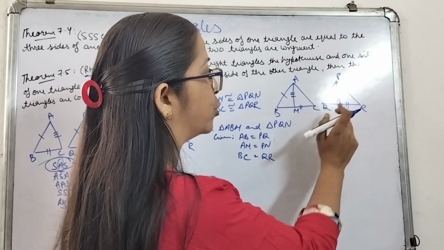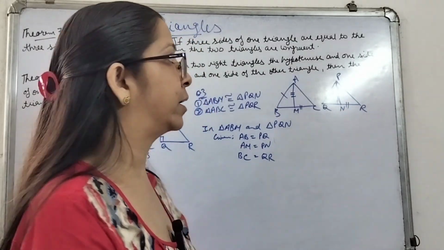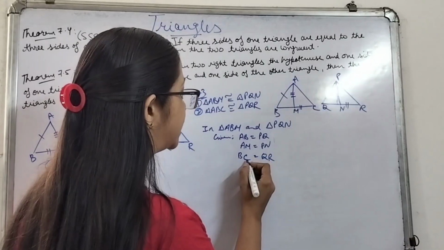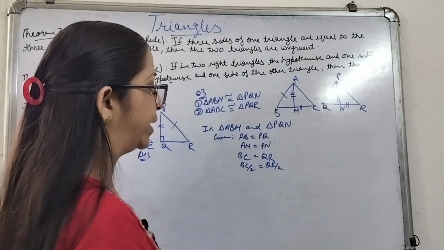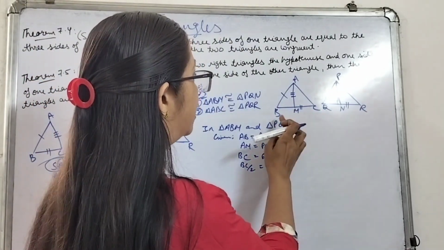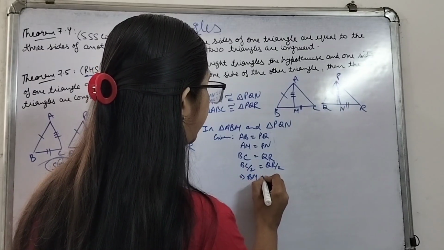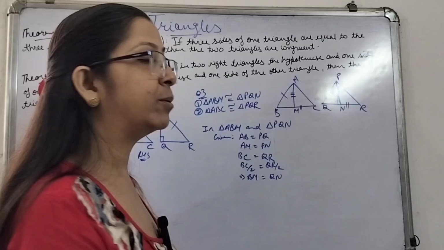Similarly, because PN is also a median, N is the midpoint of QR. Since BC is equal to QR, half of BC will be equal to half of QR. Half of BC is BM, because M is the midpoint, and half of QR is QN. They will also be equal.